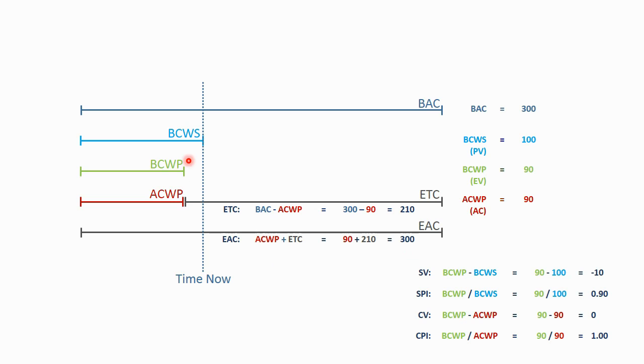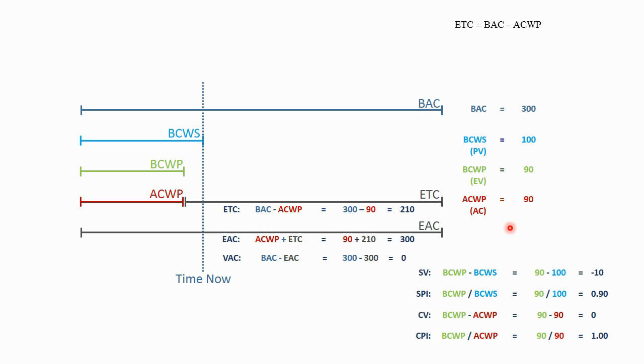So despite the fact that we're behind schedule, and because we performed 90 hours of work in 90 hours, we've got 210 hours left in the budget, and we've got 210 hours of work to be performed. So here the variance is 0, because 300 equals 300.